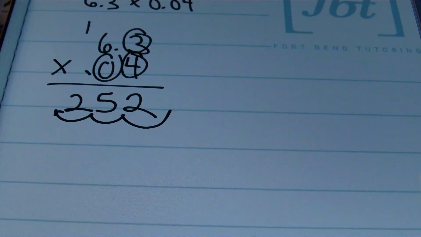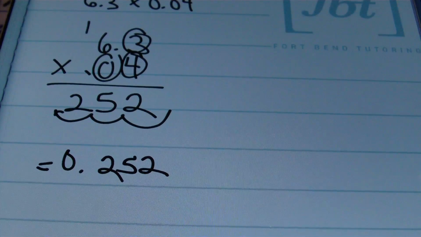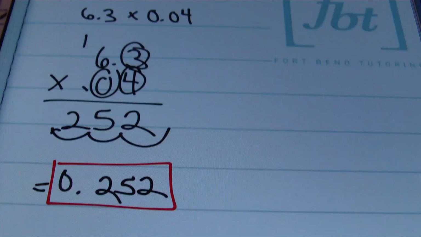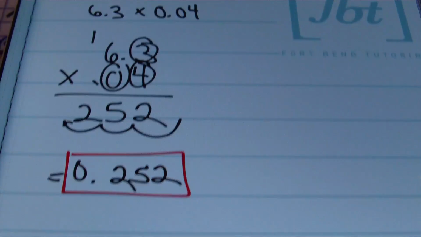So my result to this problem here is going to be 252 thousandths. And remember, the 0 to the left of the decimal is optional. Up to you if you want to write that out. Okay, so there's my answer. That was problem number 3. We started out with the problem written horizontally, and I immediately rewrote it vertically because I don't do it that way.